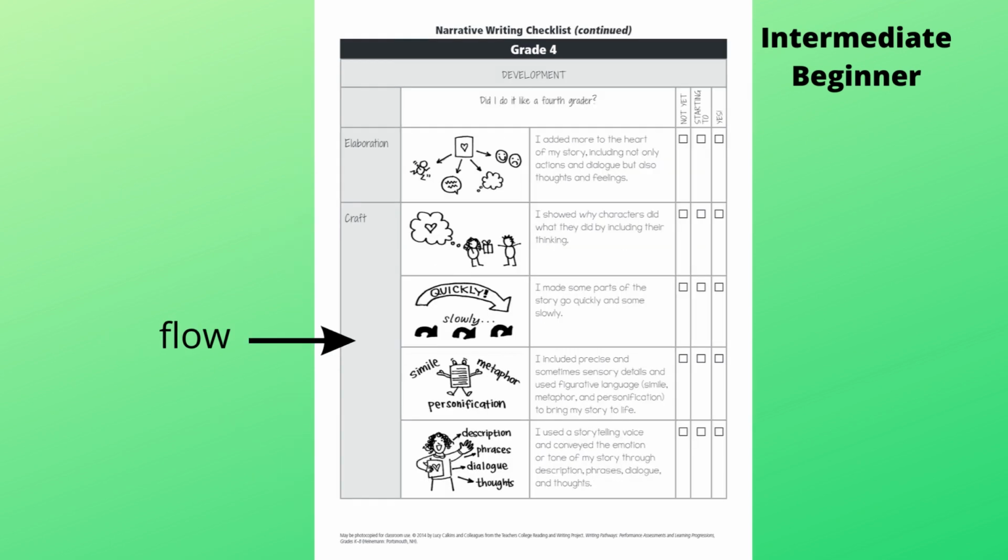On this page of the same checklist, the student is expected to demonstrate competency in flow elements, including the use of sensory details like smell and touch, figures of speech, and descriptive language.